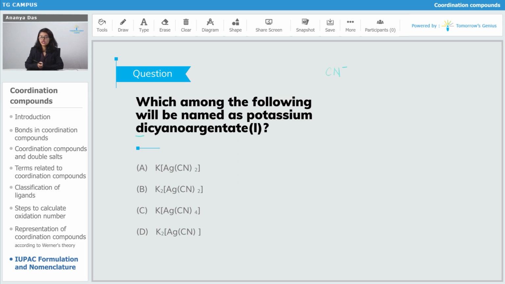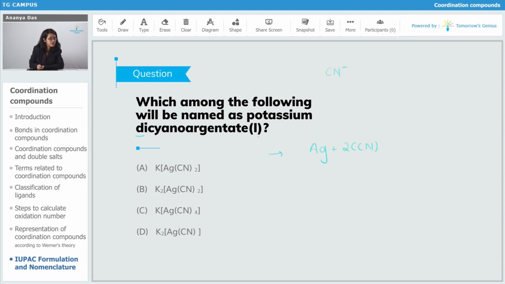Whether your option A is correct or whether your option B is correct depends upon the number of potassium atoms. How do you determine that? You calculate the charge on the complex, just the complex. That is the oxidation state of Ag plus 2 into the charge of CN.